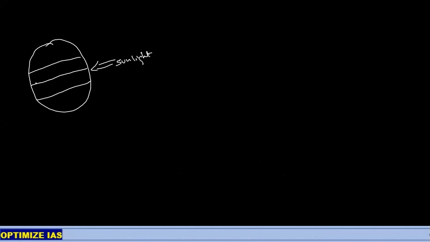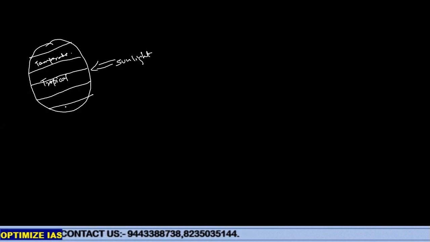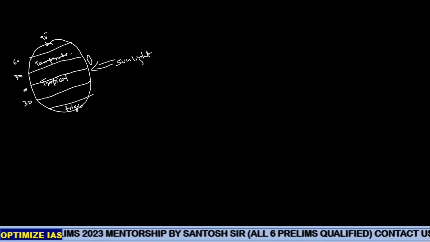Sunlight becomes the source of heat energy, and up to the tropics it becomes the tropical region, then the temperate region, and then the frigid region. 0 to 30 is one atmospheric cycle, 30 to 60 another cycle operates, 60 to 90 another.